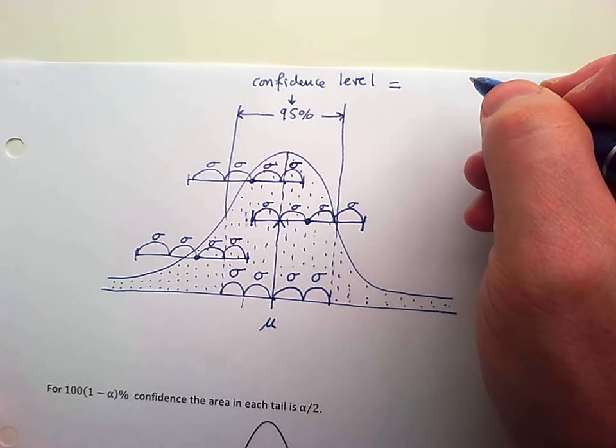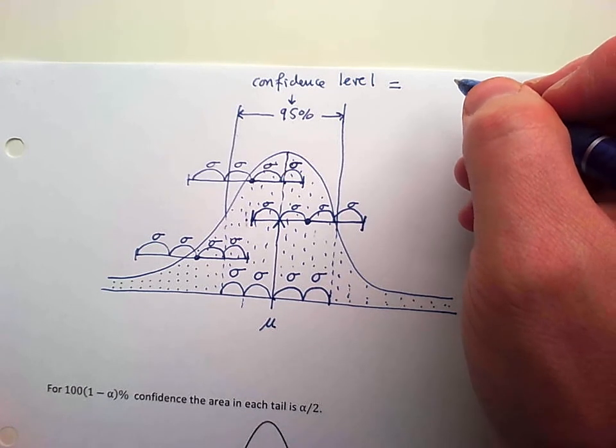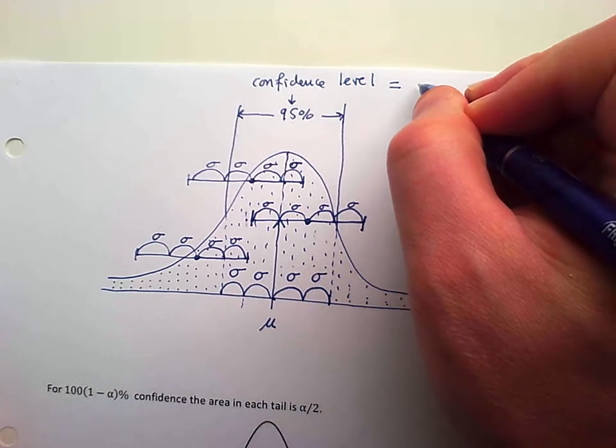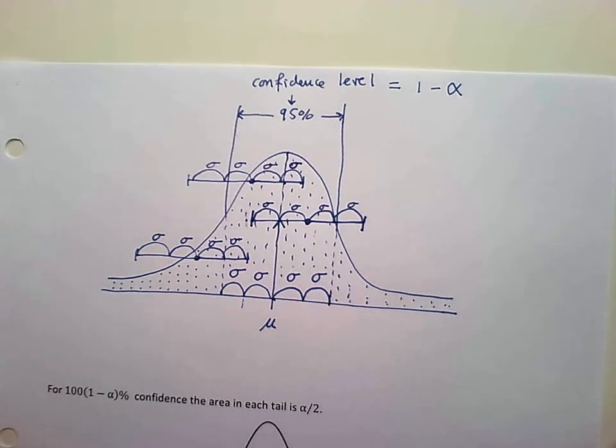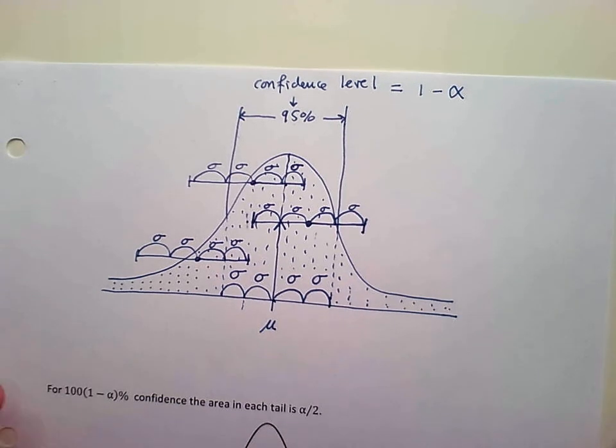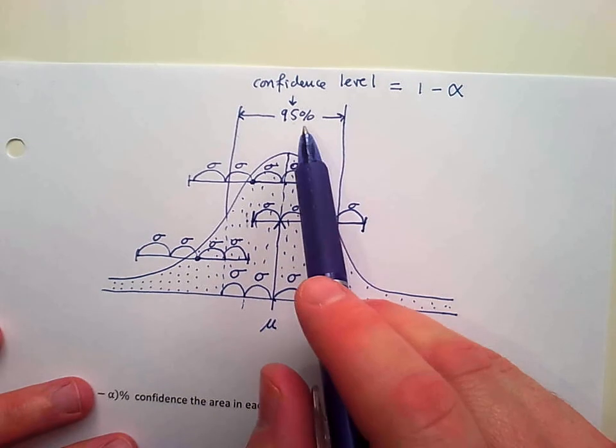So therefore, since this is our confidence level, again, what's our formula for confidence level? That was something that's really important for you to remember, as on the definitions on the previous page. It's 1 minus alpha. So let's see why the formula of 1 minus alpha makes sense. First off, let me ask you this.